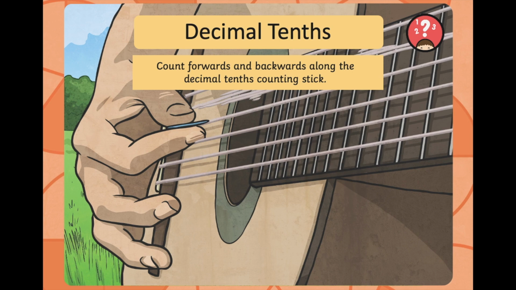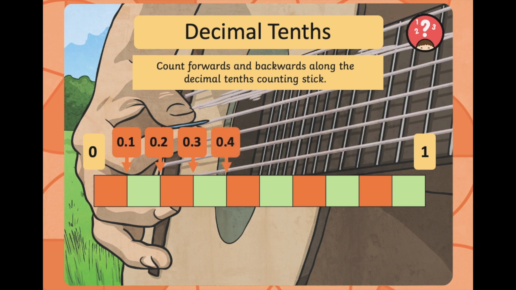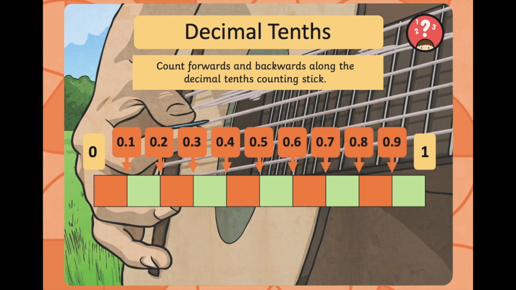So we're going to start off by counting in decimal tenths forwards and backwards along the decimal tenths counting stick. So we start off with 0, 0.1, 0.2, 0.3, 0.4, 0.5, 0.6, 0.7, 0.8, 0.9 and 1.